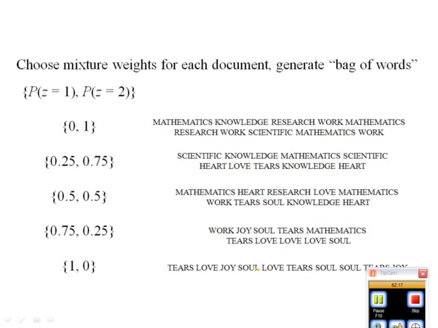So if I have 0.25, 0.75, it looks like this. 0.5, 0.5, it looks like this. 0.75, 0.25, it looks like this. 1, 0. And of these, really the ones that you would have been able to generate with a single topic are this and this.